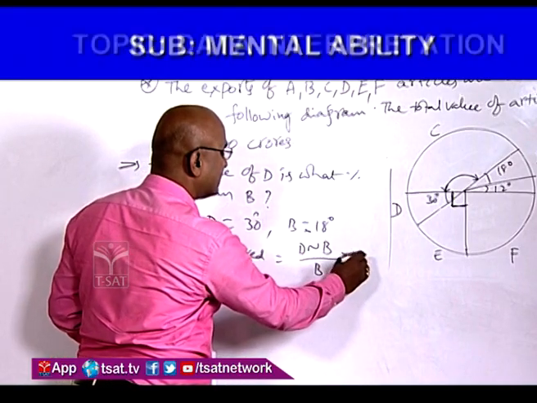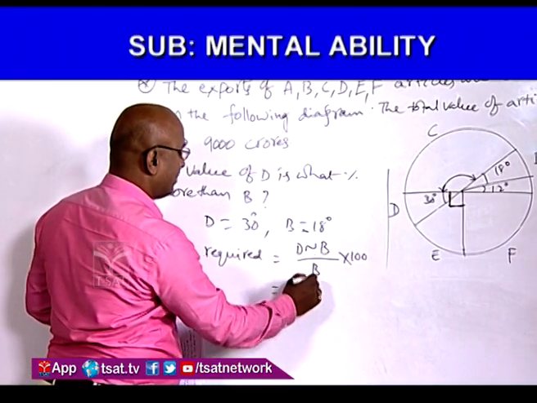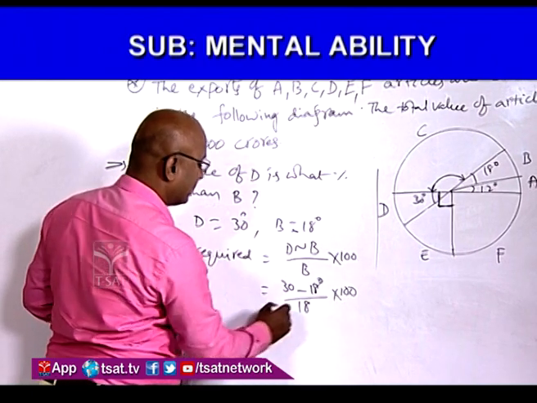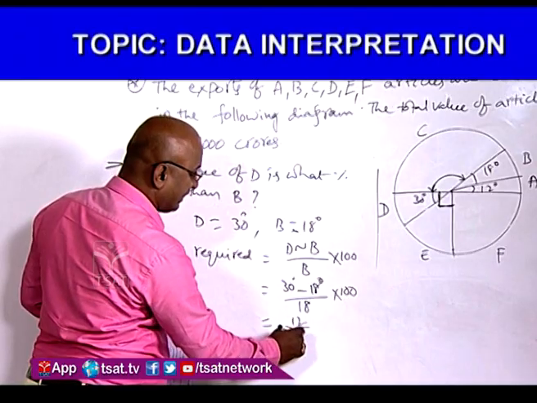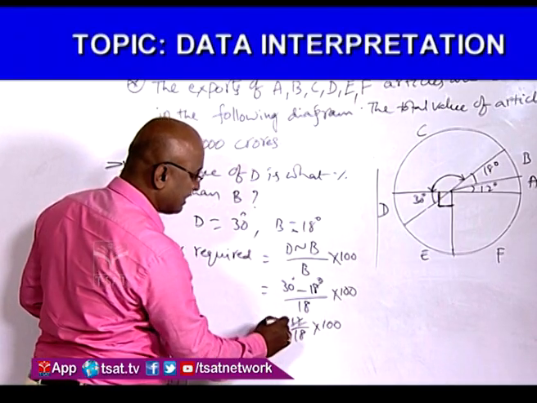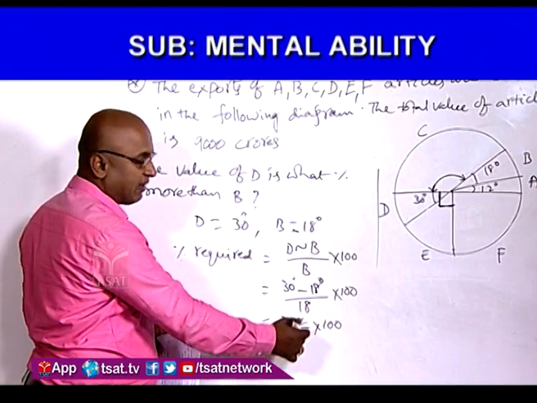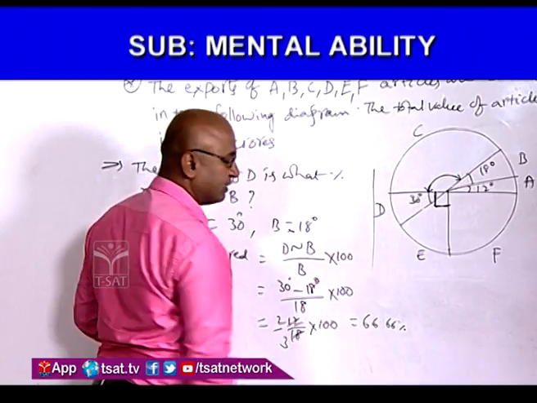So D value 30 degrees minus B value 18 degrees, by B which is 18, into 100. 30 minus 18 is equal to 12. 12 by 18 into 100. 6 twos are 12 and 6 threes are 18, so 2 by 3. So 2/3 of 100 is equal to 66.66%.